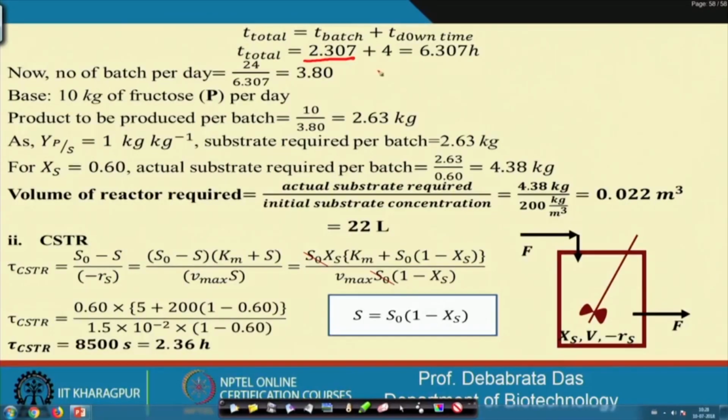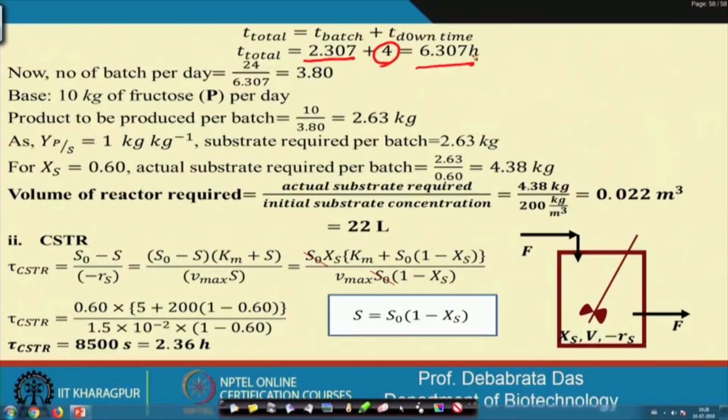That we consider as downtime, and we have to consider it. Here we have found that the reaction time is 2.307 hours, but you have a downtime of 4 hours. So, the total time of the batch process comes to 6.307 hours. Am I right?